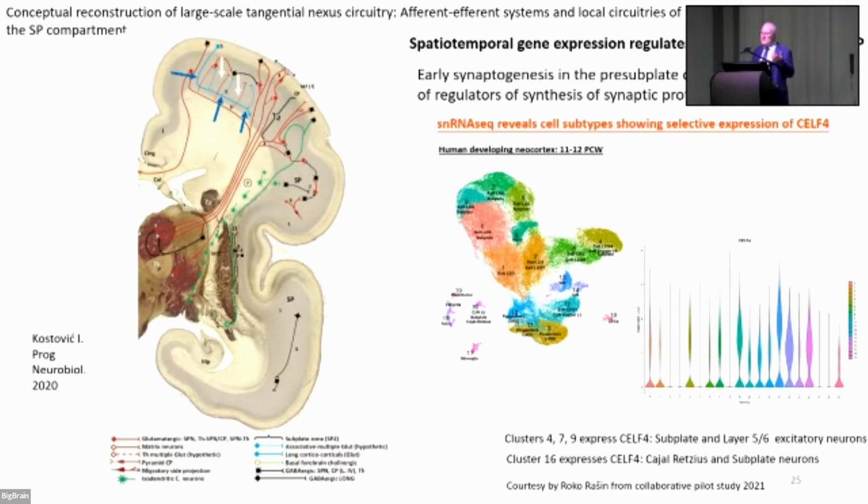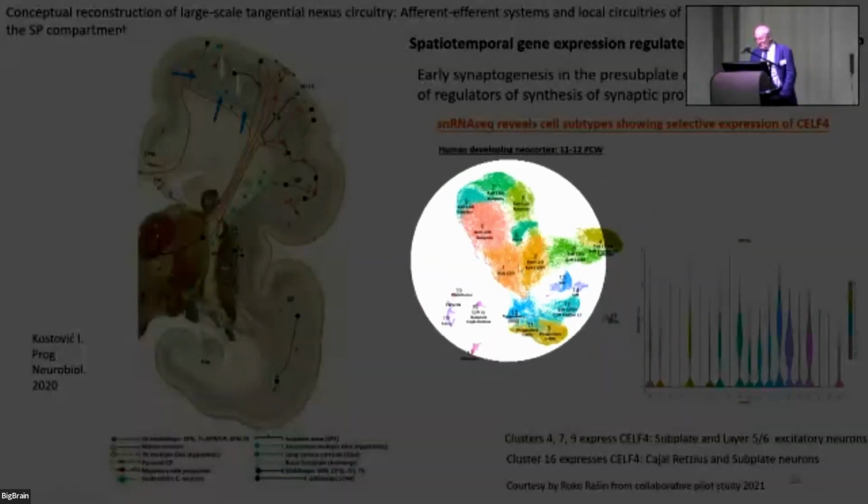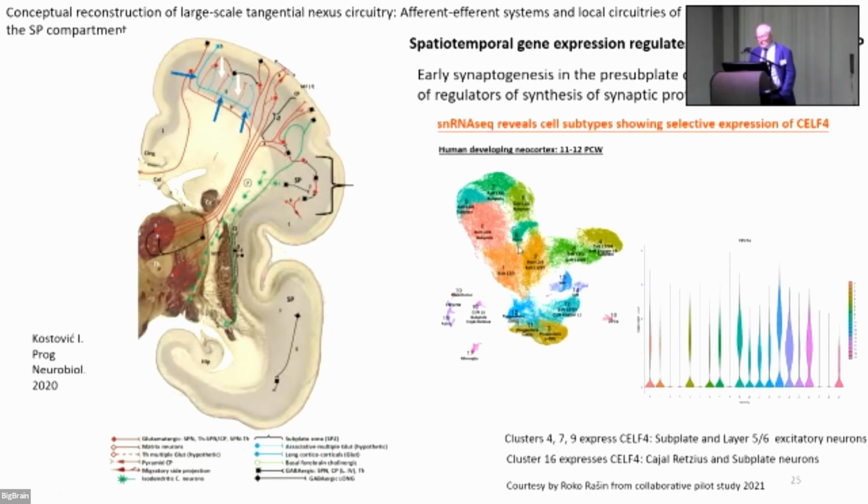Why? Because the synapses are there, 100 proteins should be formed. Then the extracellular space is there with guidance molecules. So again, you need special transcription factors. So the subplate is not only special for connectivity, it also has a molecular specificity expressed with clustering of genes, which is shown on the right portion.